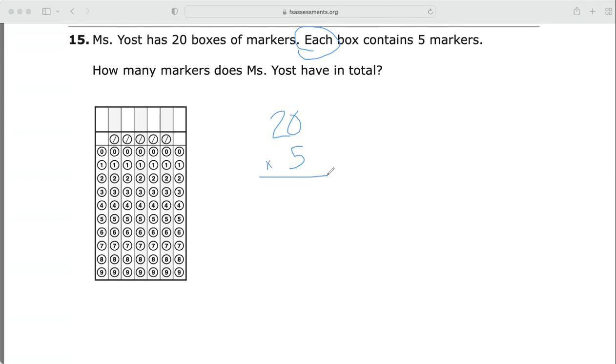You're going to multiply it, of course, use a calculator if you want, but 20 times 5 is 100. So you would put in answer, make sure to fill in your bubbles all the way. Of course, this is a paper-based test. Most tests are on the computer now, so you probably don't even have to fill in a bubble like that on the computer-based test.